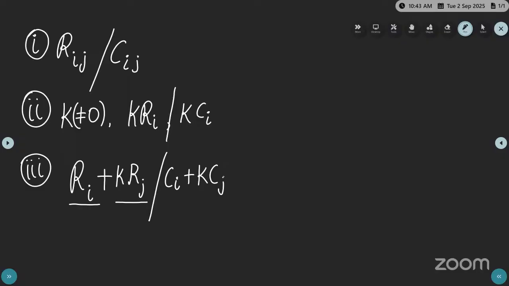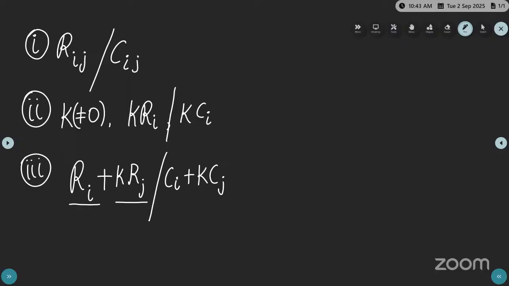Okay. So here, by doing these three different types of row transformations or column transformations, the rank of the matrix is not going to be changed. The rank of the given matrix remains same. Okay, write down that.